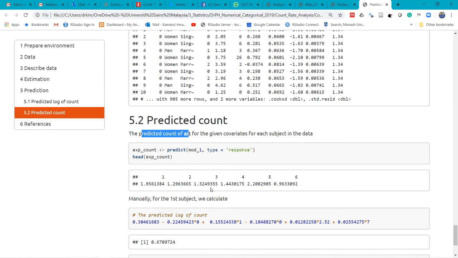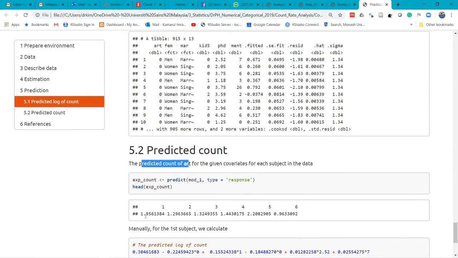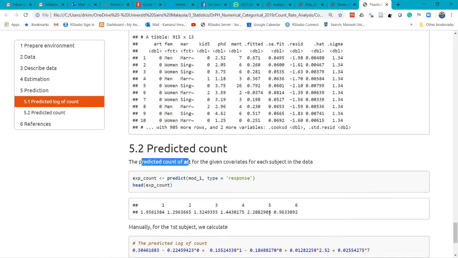So this is the expected or predicted count of articles. For observation number 1 it is about 1.96 articles, observation number 2 1.29, 1.30, 1.32, and so on and so forth.